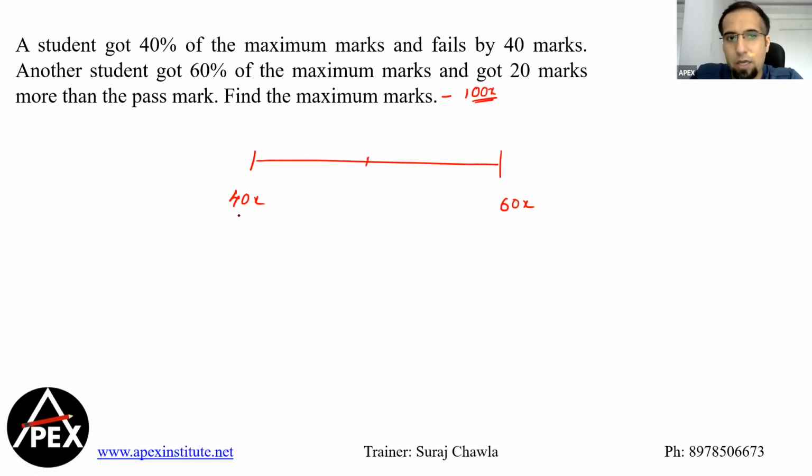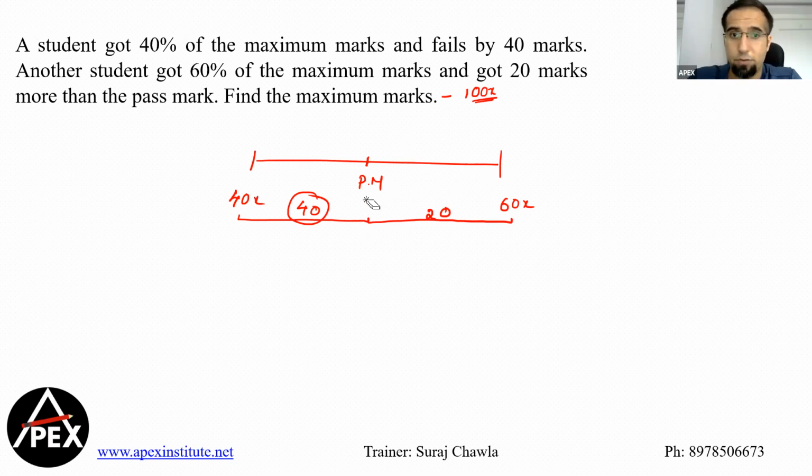Okay. Now let's say these are my pass marks. So can I say the gap between these two guys is 40? Because this guy got 40 marks less than the pass marks. Now I know that this guy got 20 marks more than the pass marks. So the gap between these two is 20. Clear?